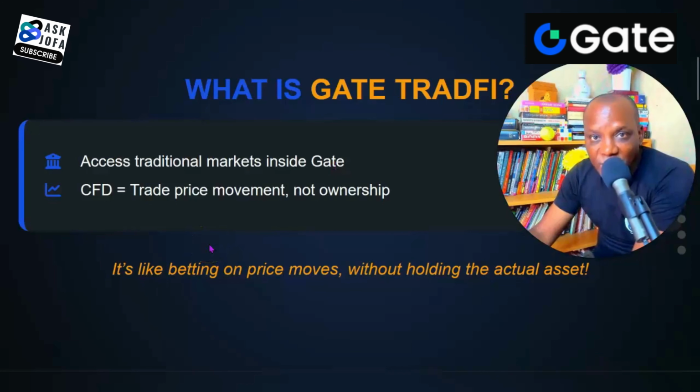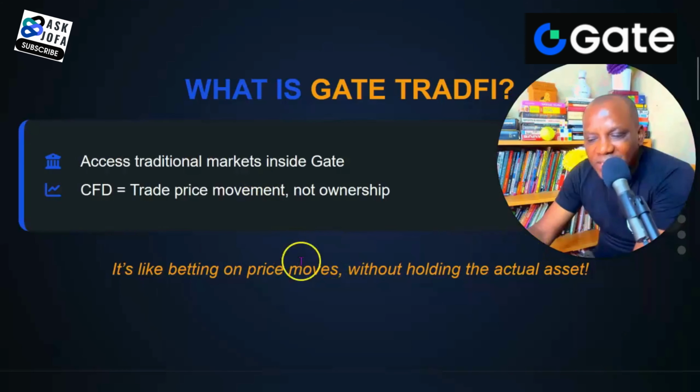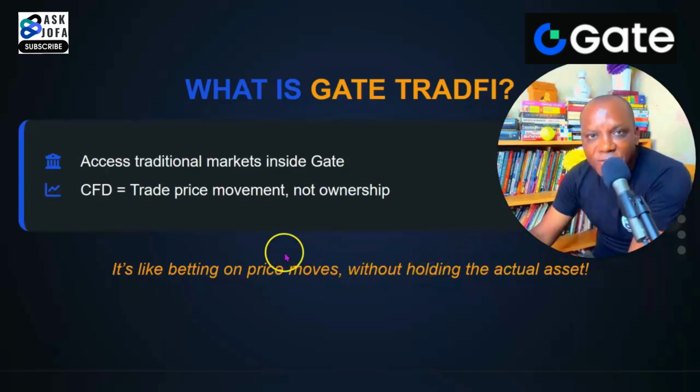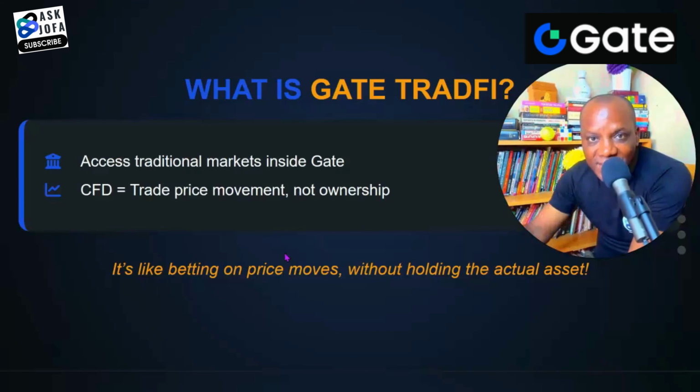It is important you know that you are not buying the actual asset itself. You are only trading price movement using contract for difference, that is CFD. For instance, suppose you bet that the price of naira against dollars is going to rise tomorrow. That is, you are speculating, and fortunately for you, it rises. You are going to make a profit.